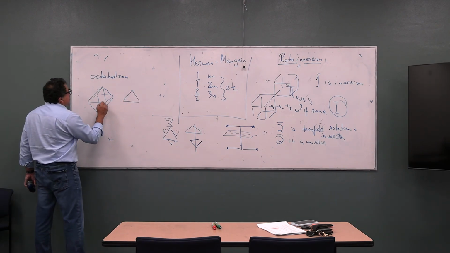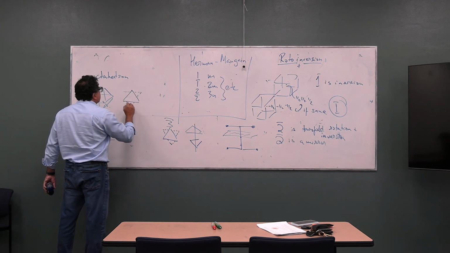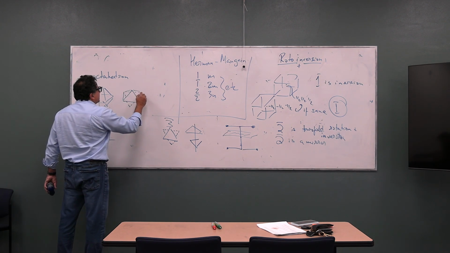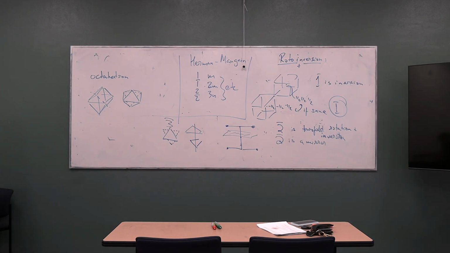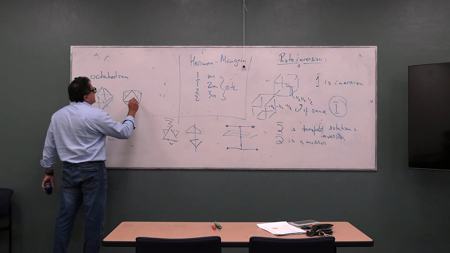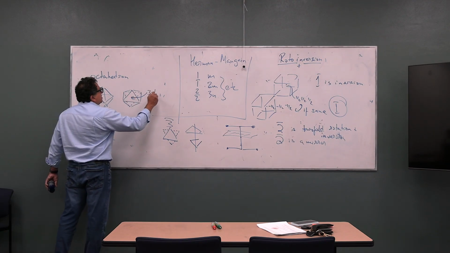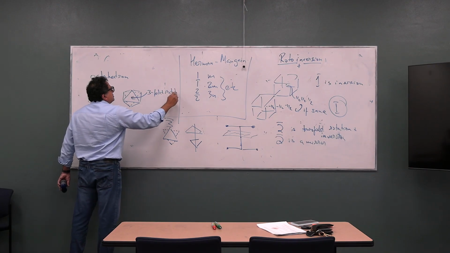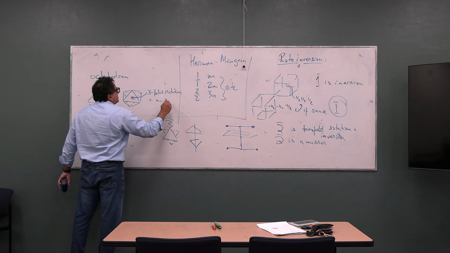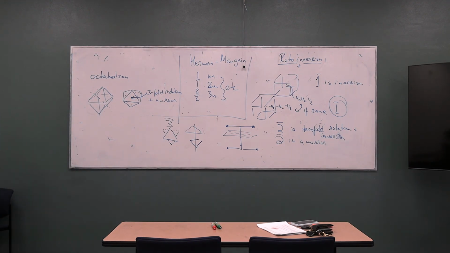The front face looks like that, the back face looks like that, and these are all connected. So this axis is a threefold rotation plus mirror.